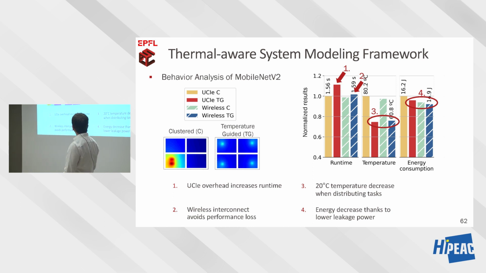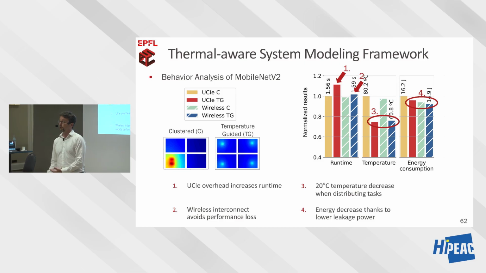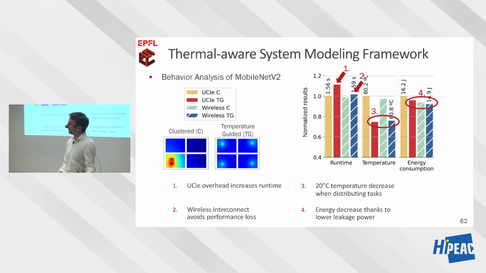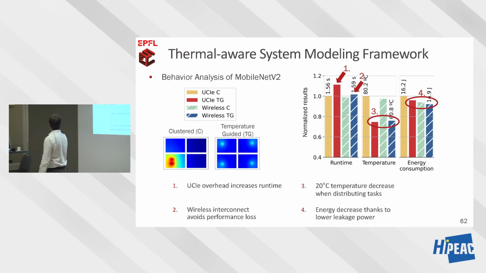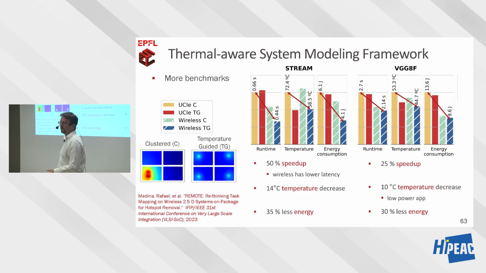Instead, if you do a thermally guided wireless-based solution, you can kind of have the best of both worlds. You can have pretty good performance, so small overhead for communication, but also low temperatures. And here are more results for different benchmarks. I will not discuss them. They are all in the paper. It just works pretty well.